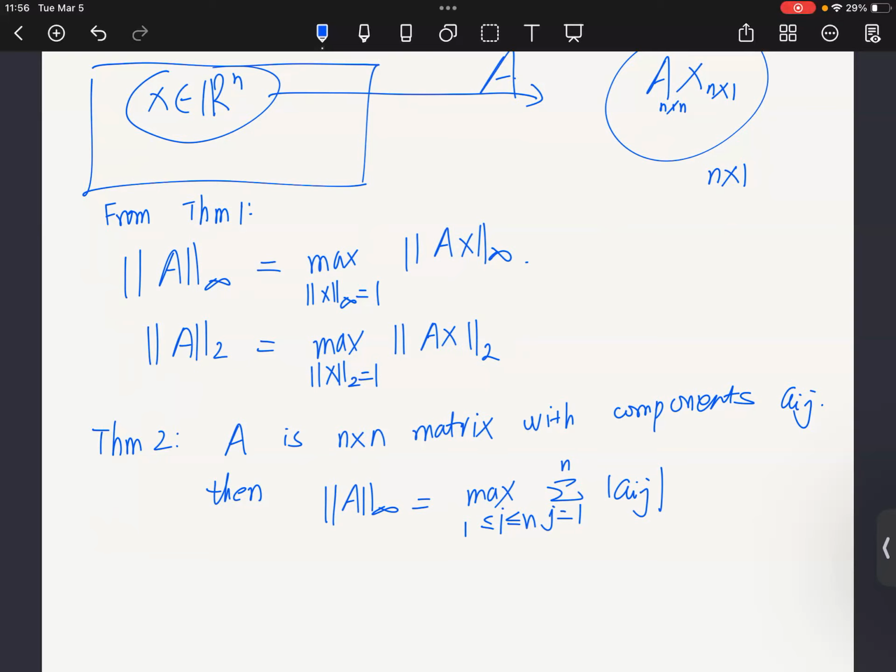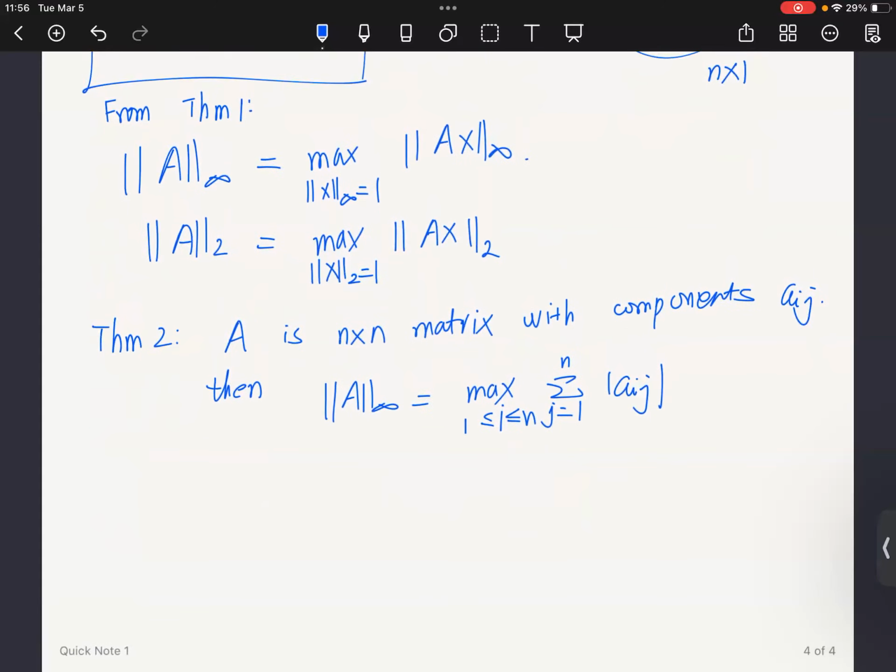Next, I'm going to show you an example of how to calculate the infinity norm with this theorem. Let A equal this matrix: 1, 2, -1; 0, 3, -1; 5, -1, 1.